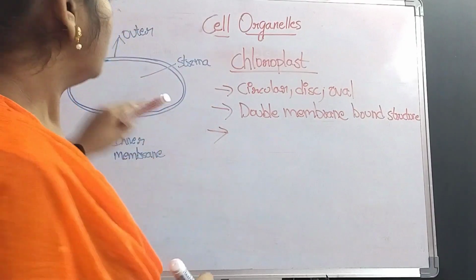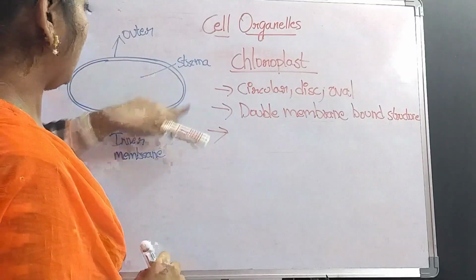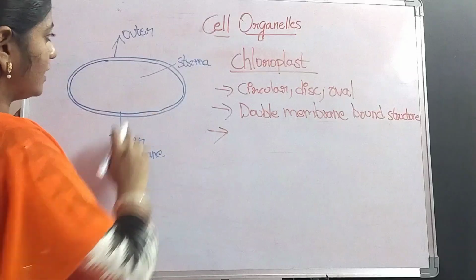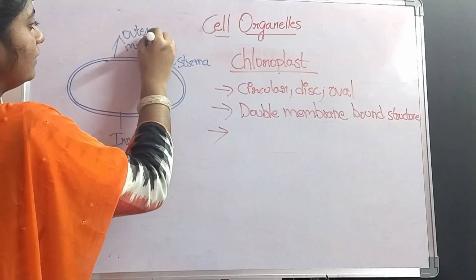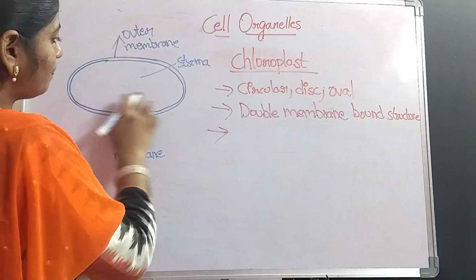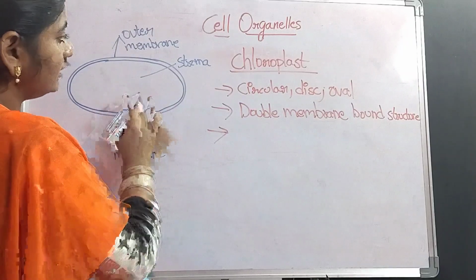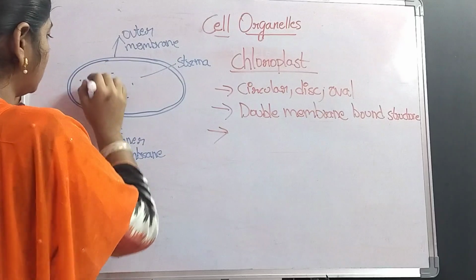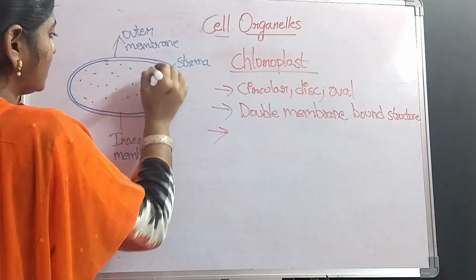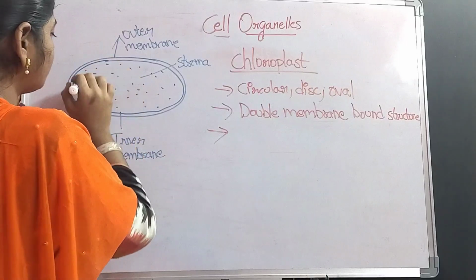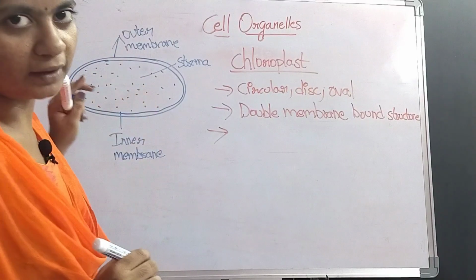Again I am repeating, the chloroplast is oval shaped and it is a double layered structure. The outer layer is called the outer membrane and the inner layer is called the inner membrane. The space created by the inner membrane is called stroma. This complete space is called stroma.